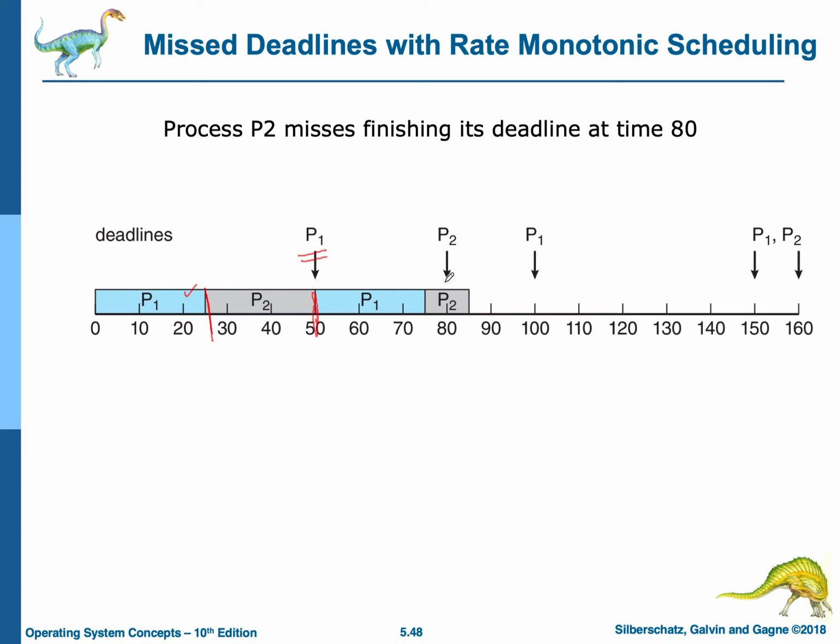Now up to 80, P2 should be completed, right? Up to 80, P2 should be completed, but P2 was completed at 85. It means that we missed that deadline. Okay, we missed the deadline. So this is what we call a missed deadline.